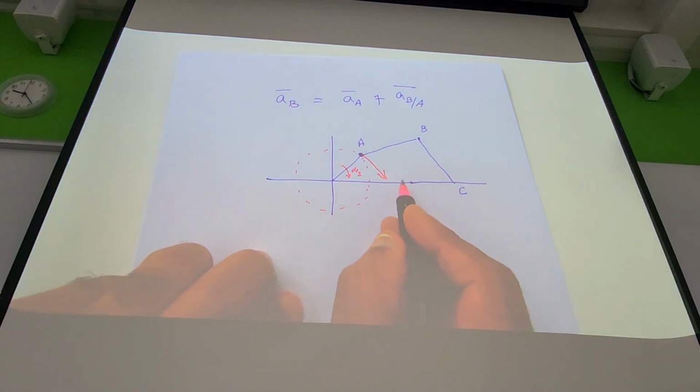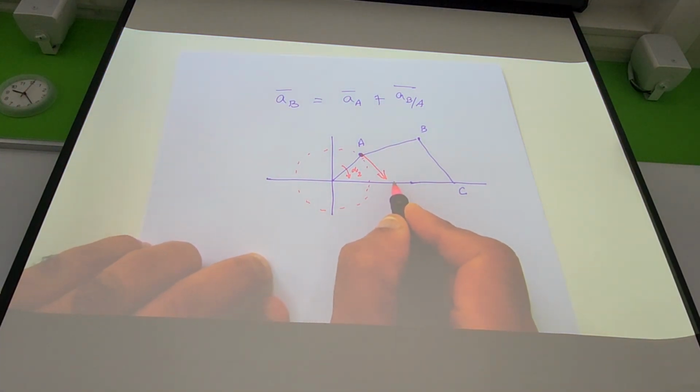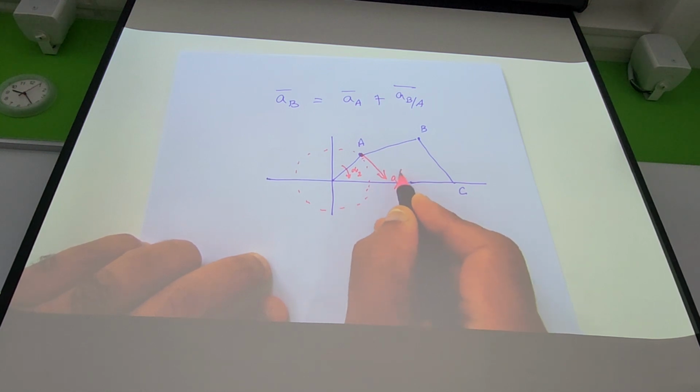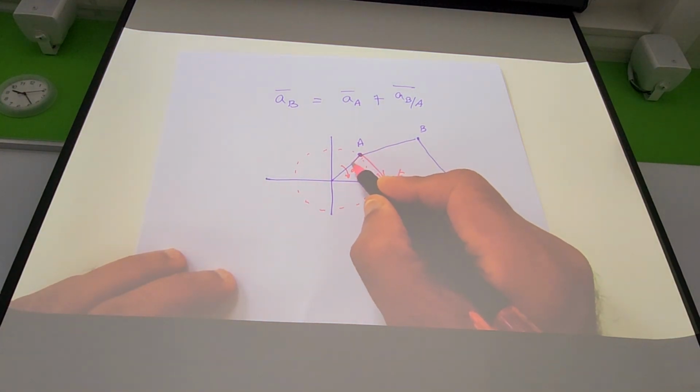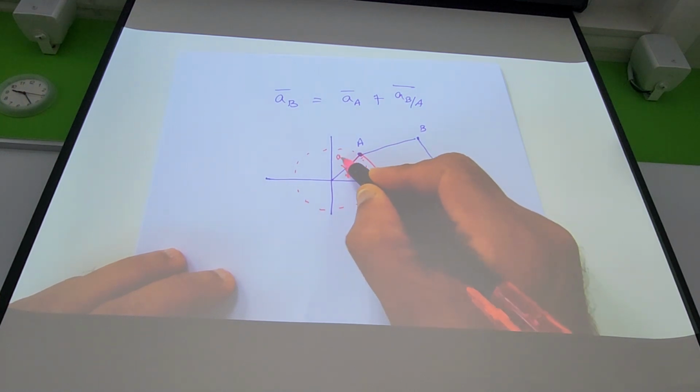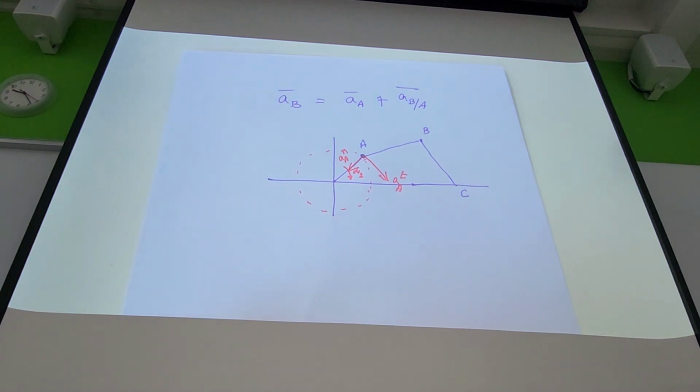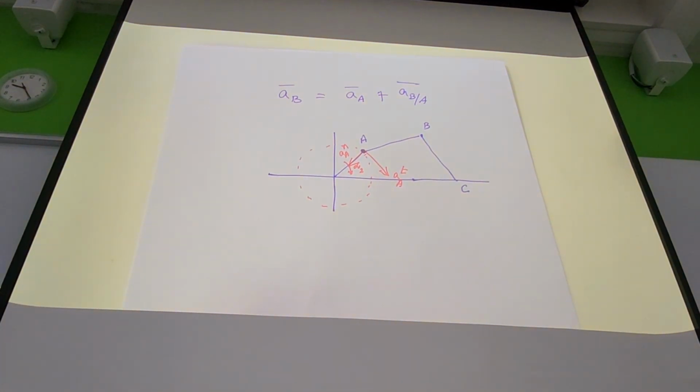So we can write now acceleration of A. This is the tangential component, and the acceleration of A normal component will be in this direction. Normal and tangential components will be perpendicular to each other.